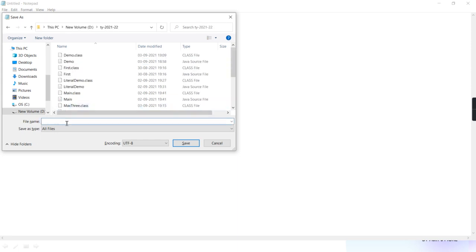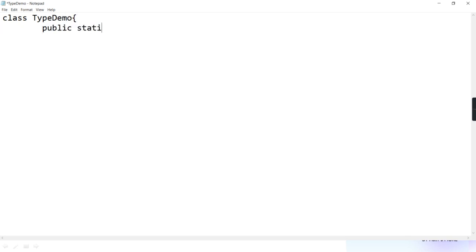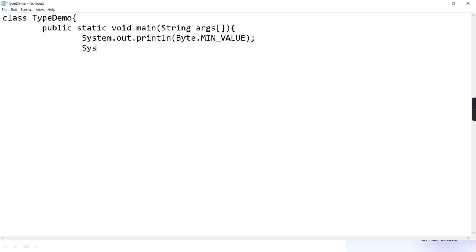This one only. I'll give TypeDemo.java. class TypeDemo, public static void main String args, System.out.println, and your Byte.MIN_VALUE and System.out.println Byte.MAX_VALUE.